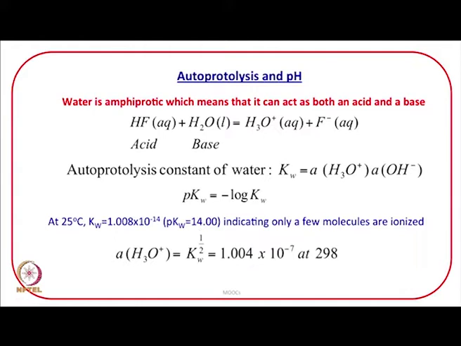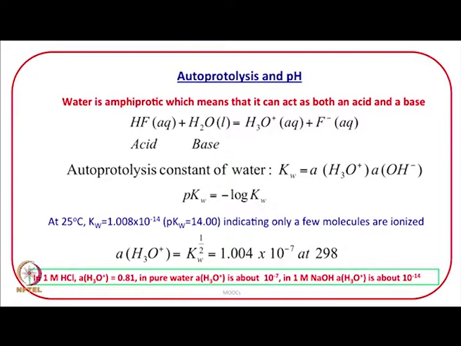And we also showed that the activity of hydronium ion at 25 degrees centigrade is given by the square root of the autoprotolysis constant of water, which comes out to 1.004 into 10 raised to the power minus 7 at 298 Kelvin.